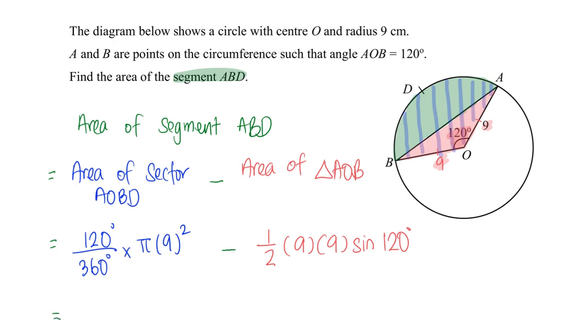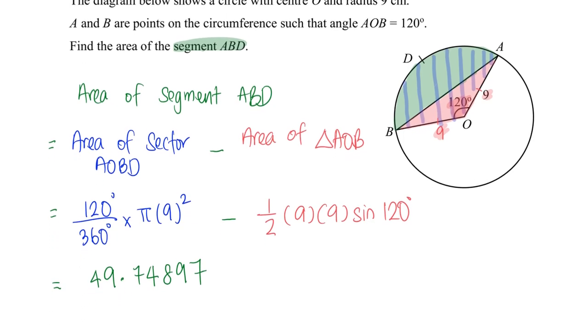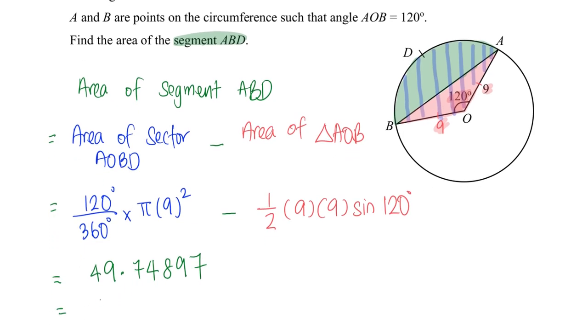And this will give me a value of 49.74897 to about 7 to 8 significant figures. So final answer, 3 significant figure, 49.7 cm square.